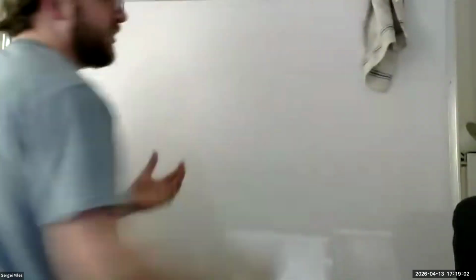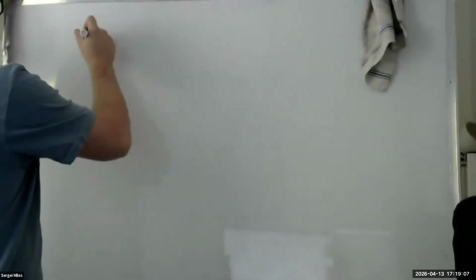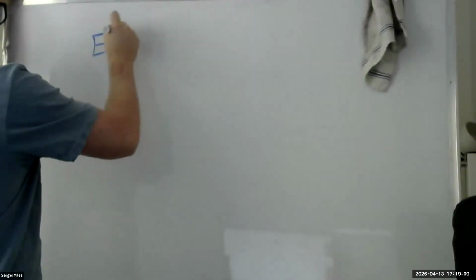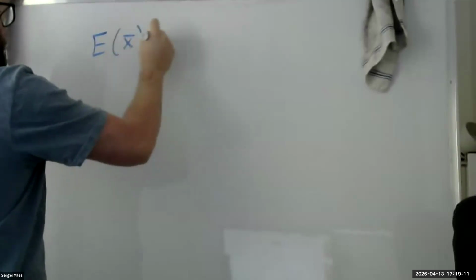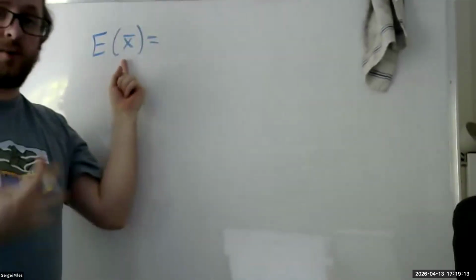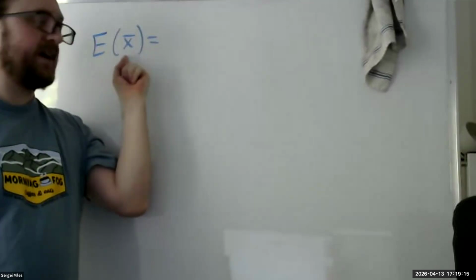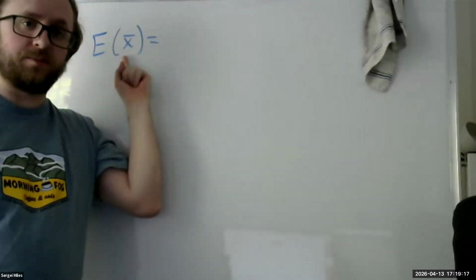All right, so we're using the exact same formula for expectation that we saw from earlier, the expectation of x bar. I'm trying to find, what is the average I would expect to get from this x bar sampling distribution?